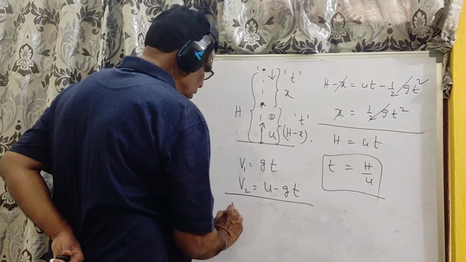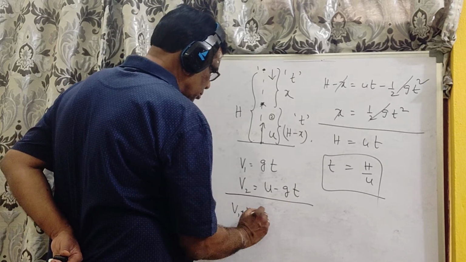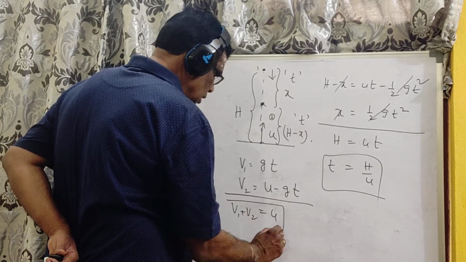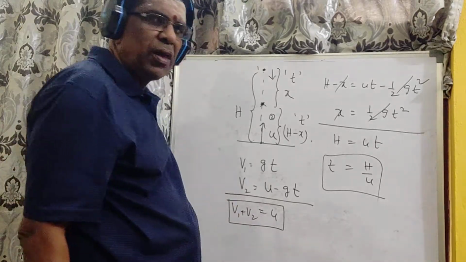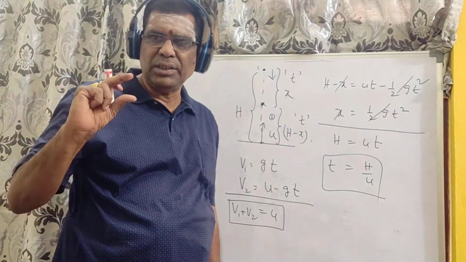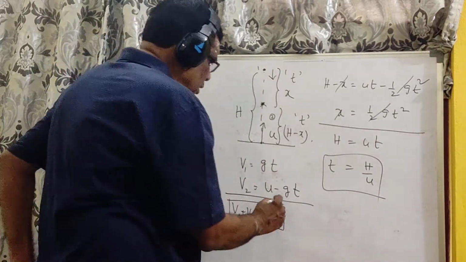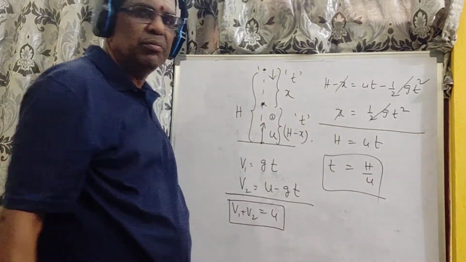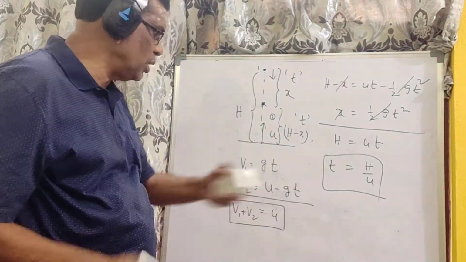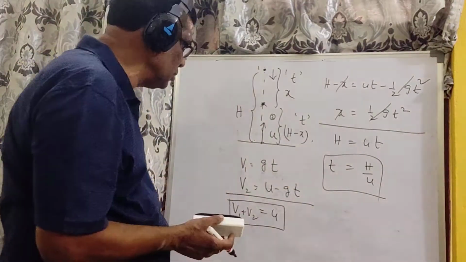Now if I add these two, this is another important result. The magnitude of the sum of the final velocities is always equal to the sum of the magnitudes of the initial velocities. One point which you can always keep in mind.